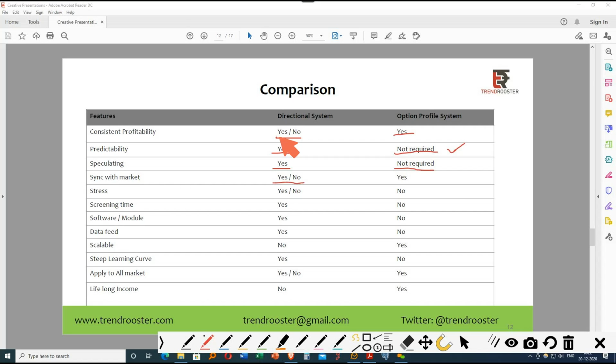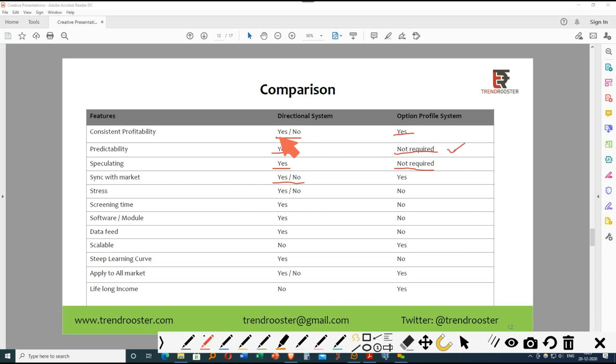Sync with the market: yes and no. Sometimes the strategy or system that you follow may not work in a choppy market. It will work in a trendy market. Am I right? Some directional trading systems work only in a trendy market, and not in a choppy market. What do you do in a choppy market?